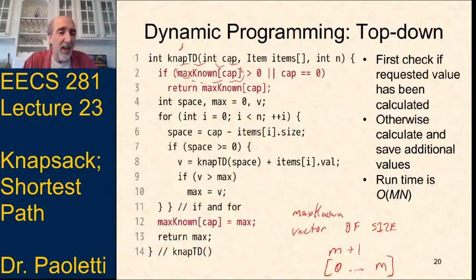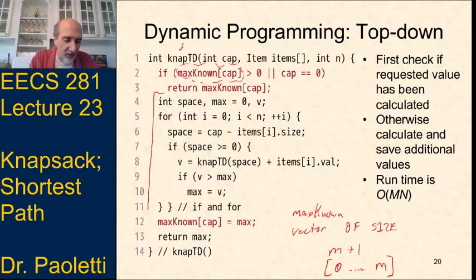Or if someone asks me for a capacity of 0, the value there is going to be 0, and so I just return that 0. I say, hey, the best value of a knapsack of size 0 is 0. There's our base case. We have a base case when we hit a capacity of 0, and we hit a base case if we ever know the best way to do it. So we return that.